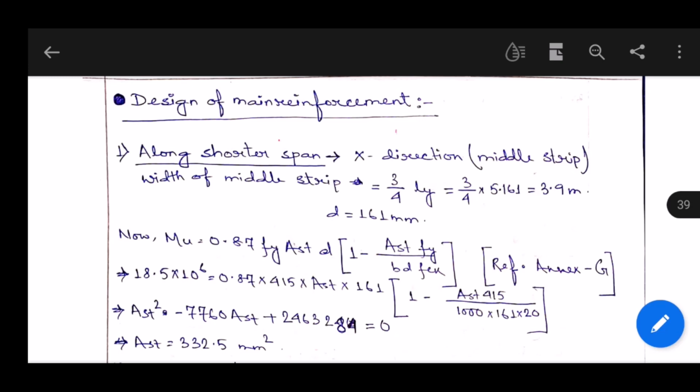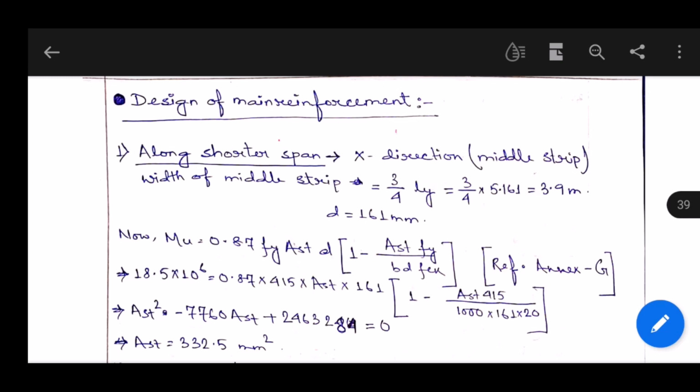Now as per the equation of Annex G of IS 456/2000, to find out the ultimate moment, the formula is Mu is equals to 0.87 fy into Ast into d within bracket 1 minus Ast fy over b into d into fck.